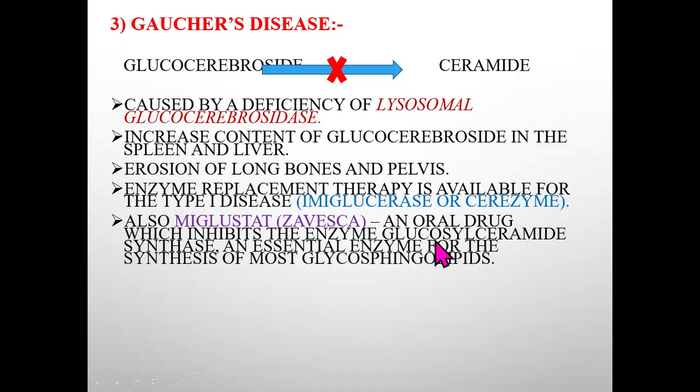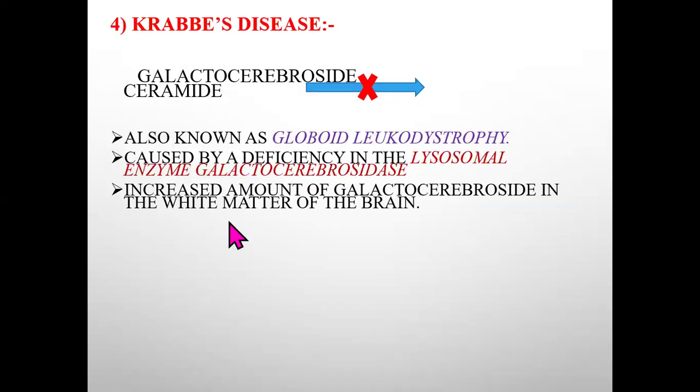Okay, it inhibits glucosylceramide synthase, an essential enzyme for the synthesis of most glycosphingolipids. So it prevents the accumulation of glucocerebroside.